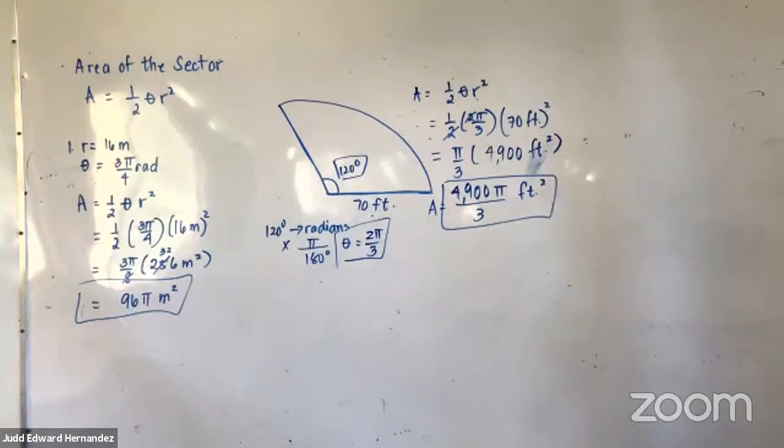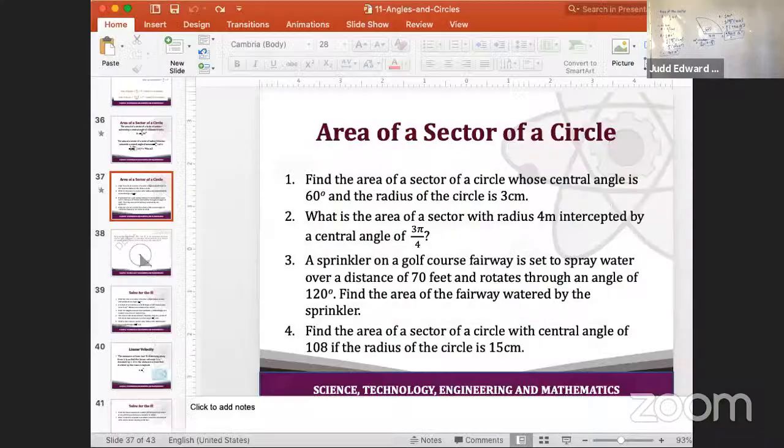And for the last one, would anyone like to answer it? Even just the final answer will do. For number 4, here is the question: find the area of the sector of a circle with a central angle of 108 degrees if the radius of the circle is 15 centimeters.